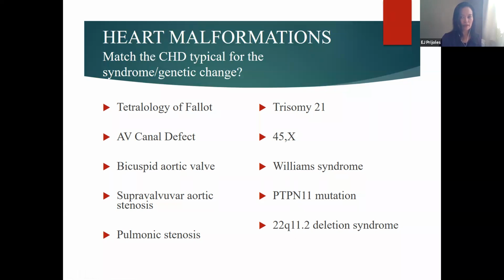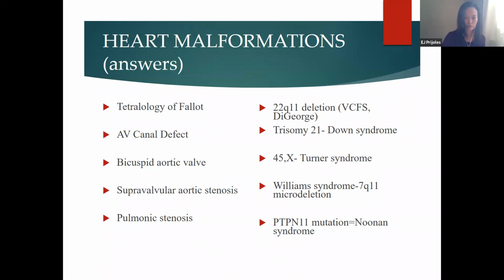Some people might, short stature, wide spaced nipples, web neck. Noonan. Noonan, great, good job. All right, so we got them all.